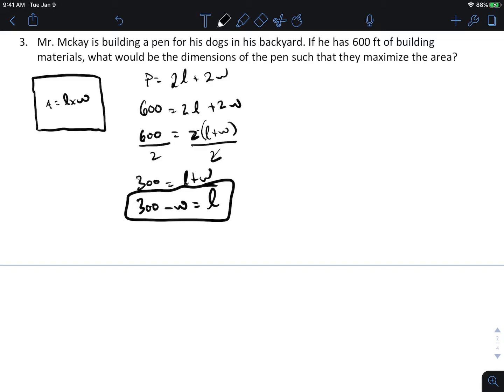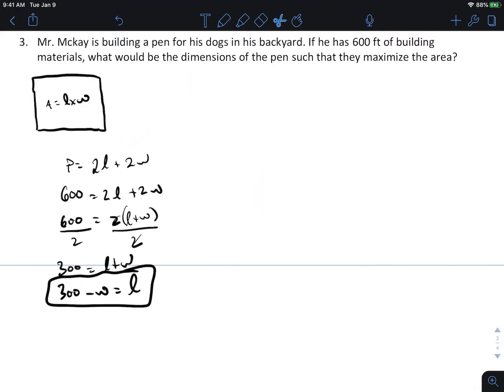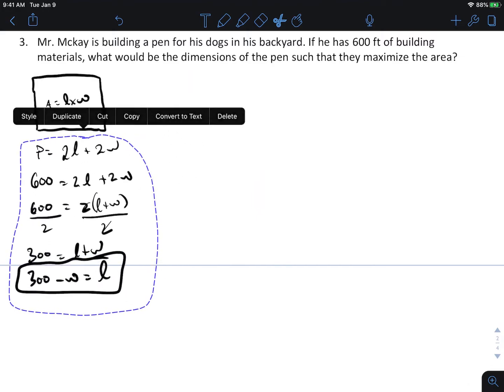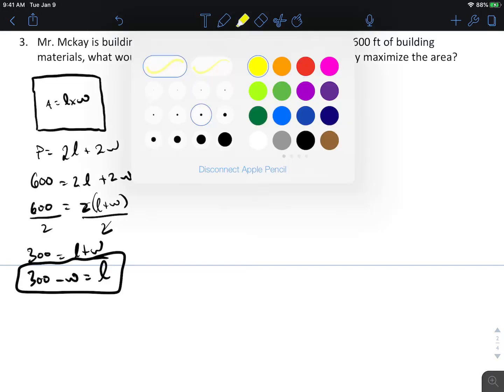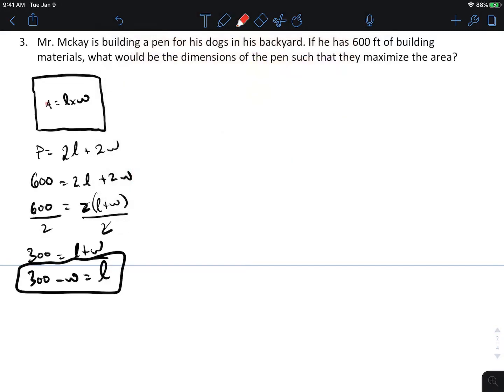Okay. Is everybody okay? This is the hard part of the question. There's one more little thing to do, and that is, I have another equation on my page, don't I? I know what the area is.